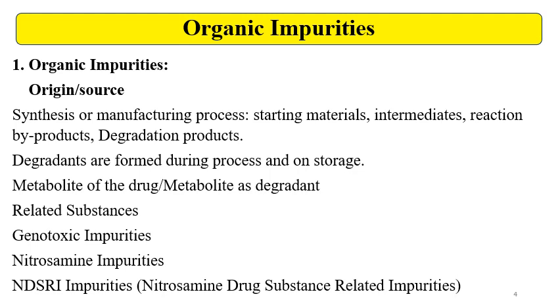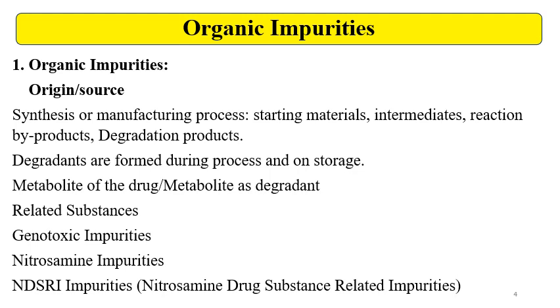Then related substances. These are the impurities which have a relevant structure or structural similarity with the basic API or basic drug substance chemical structure. Genotoxic impurities, these are genotoxic and carcinogenic in nature.